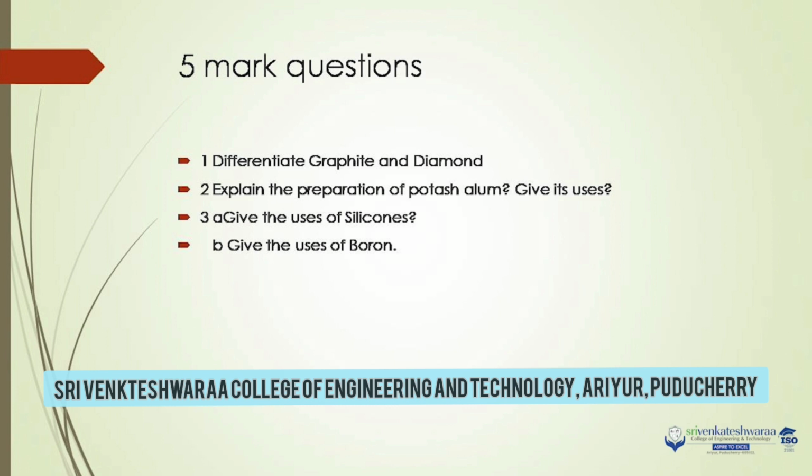Similarly we can do for xenon difluoride. Xenon difluoride: 8 plus 2 is 10, by 2 is 5. It is sp3d hybridization. This is how to decide the type of hybridization.